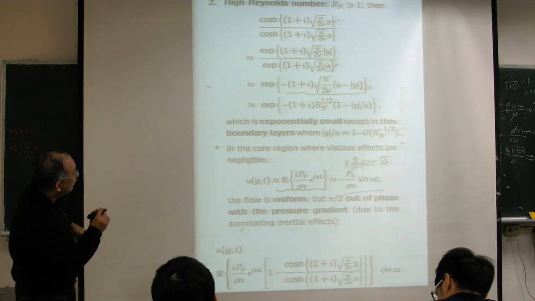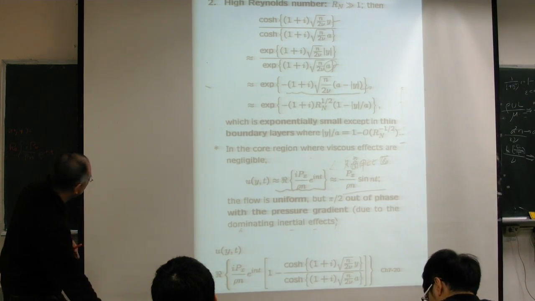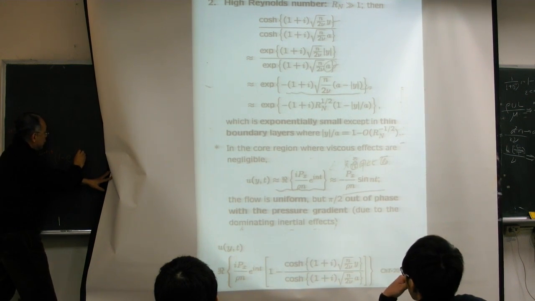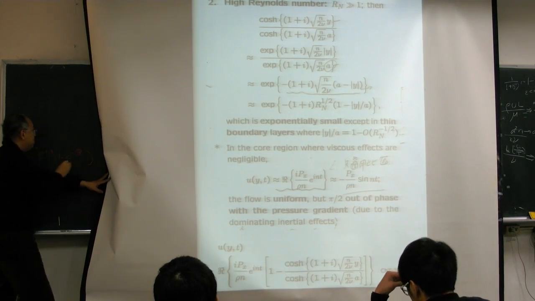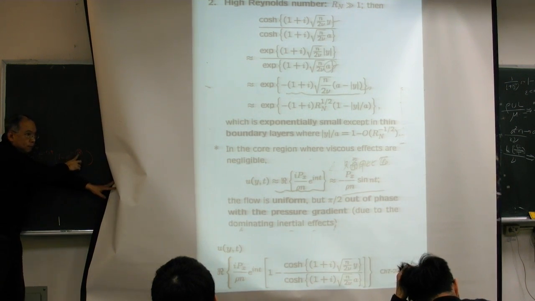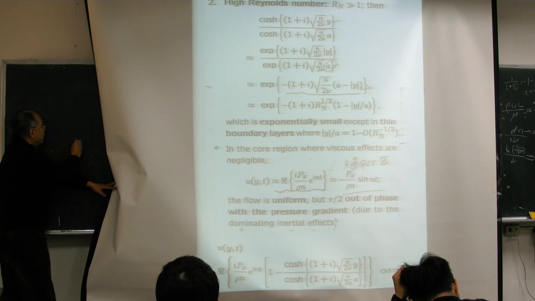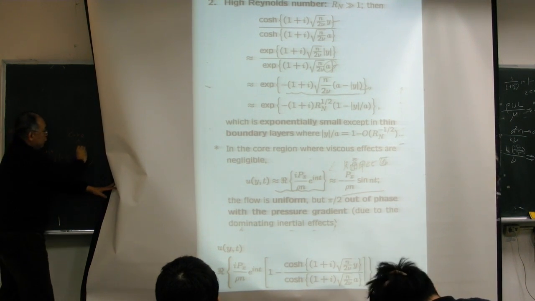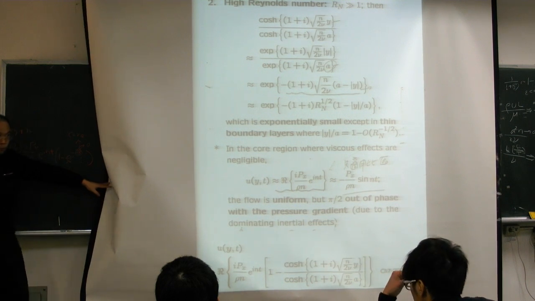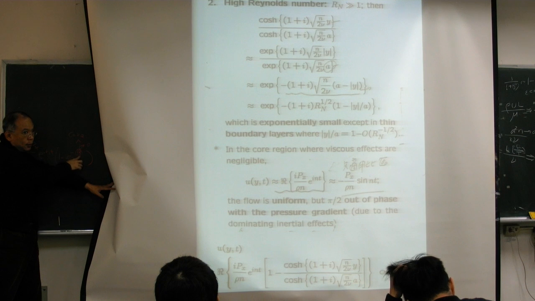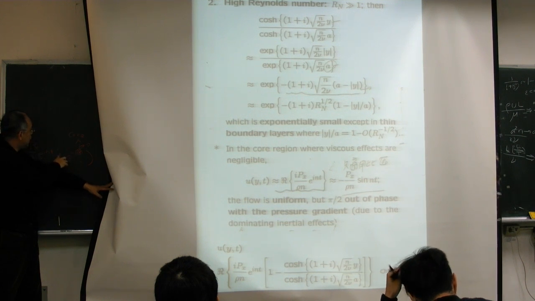And I take this because this is a big number, so this is exponential minus a big number. This is a huge number, right? Because the Reynolds number is big in the core region. So this is exponential, and we neglect it because it's exponential decay in the core region. So here inside here becomes 1.